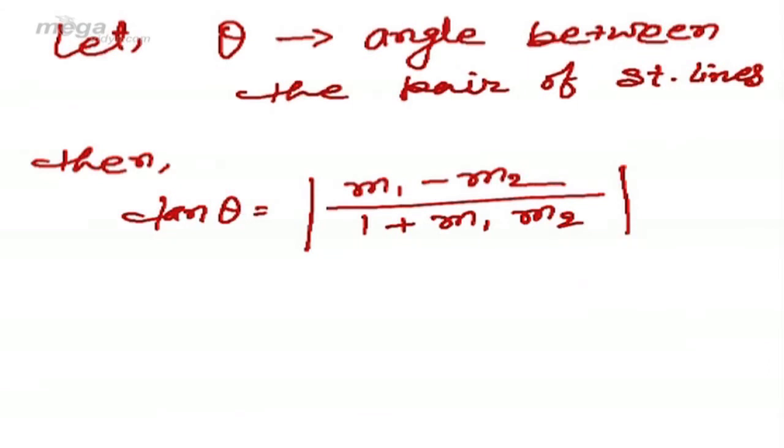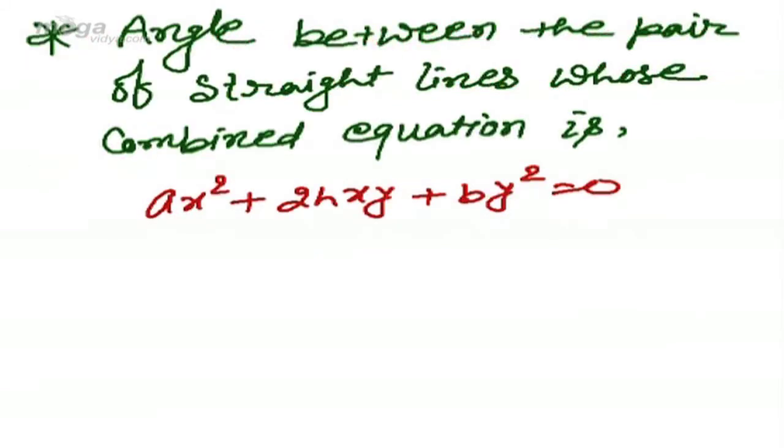But here it is given as the combined equation. It is not written m1 and m2; it is written a, b and h.